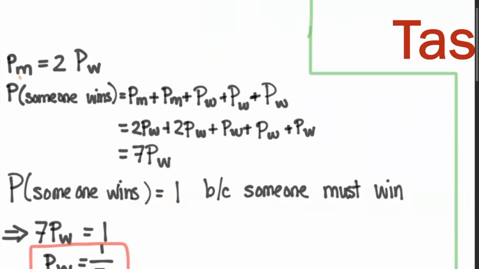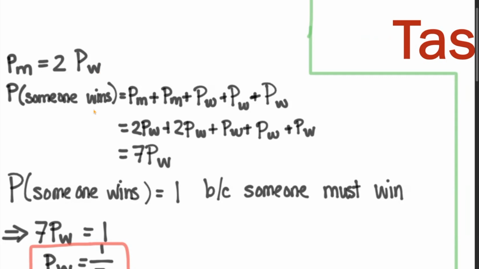So we were given that those of the same sex have equal probabilities of winning, but each man is twice as likely to win as any woman. So that would mean that PM equals 2 times PW. In other words, the probability of a man winning equals 2 times the probability of a woman winning.